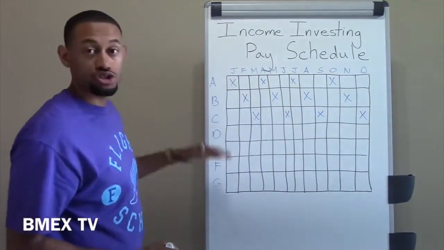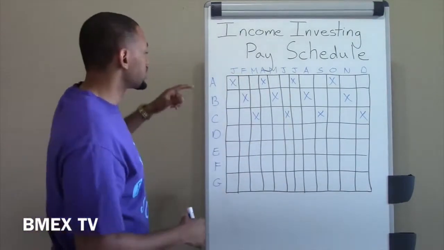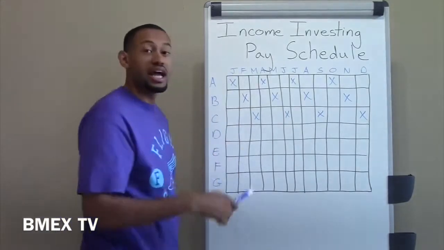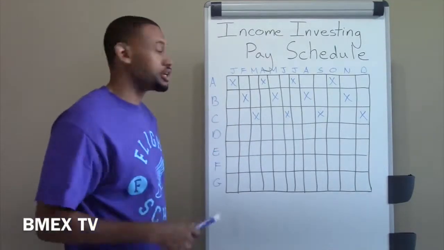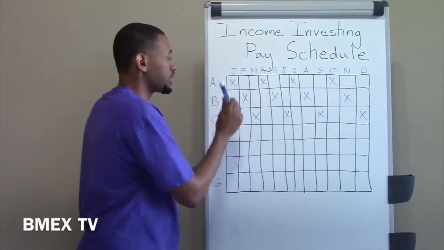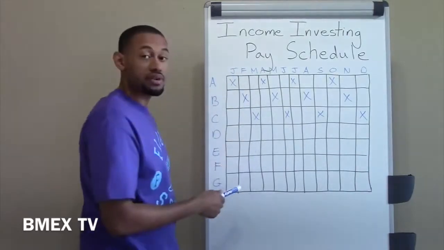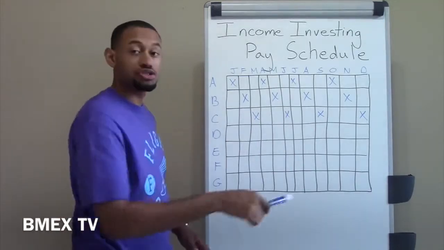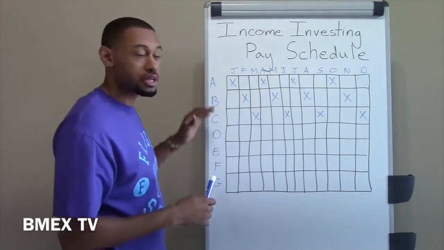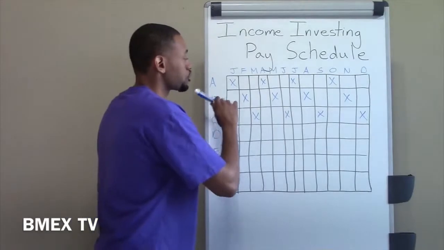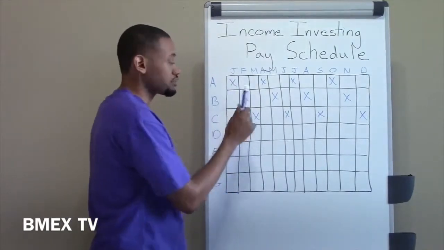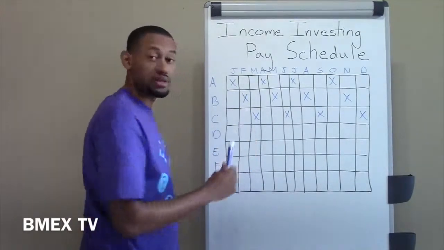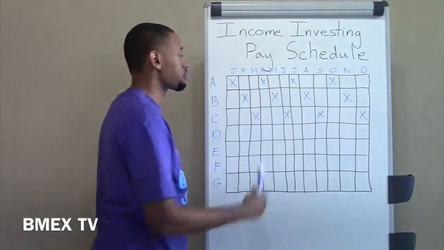Just from our first 3 stocks in our portfolio, we can see that we have a dividend payout every month of the year. If this is 25 cents a share, this is 25 cents a share, and this is 25 cents a share, and you have 100 shares in each of these companies, you're going to get $25 here, then $25 again the next month, then $25 again the next month, and it's going to repeat for the rest of the year.